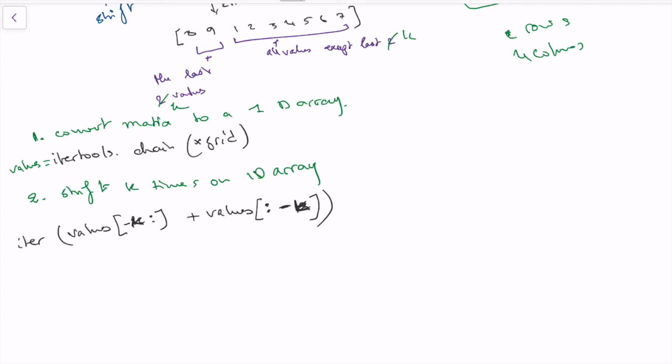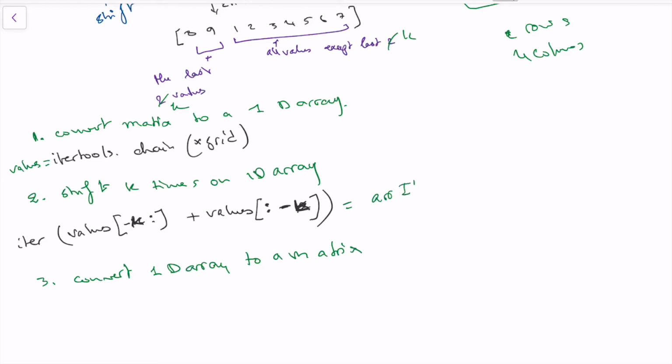And that means our third step is to convert the 1D array back to a matrix, because that's what the result asks us for. Let's call this array iterator, because it's just the 1D array written as an iterator.